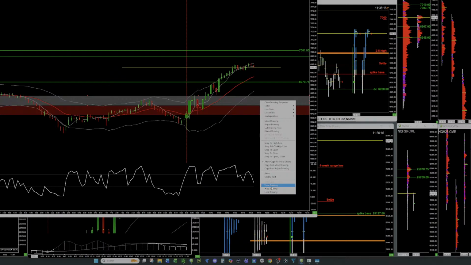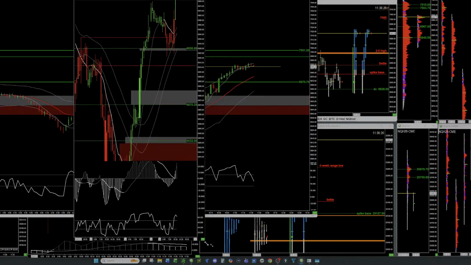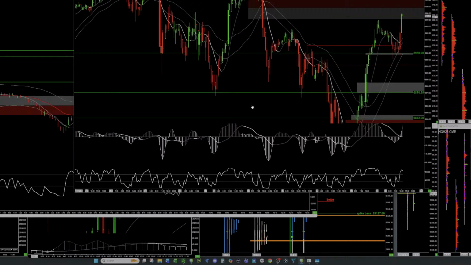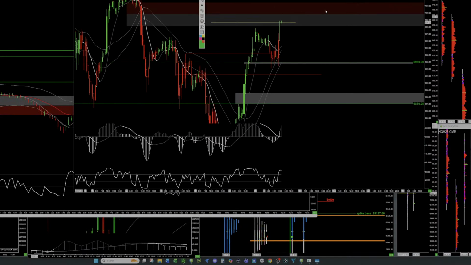Or is it? No, we are right now. I'm going to bring here the 60 minutes chart. Right now, we were talking how this market is in between these two range potential destinations.